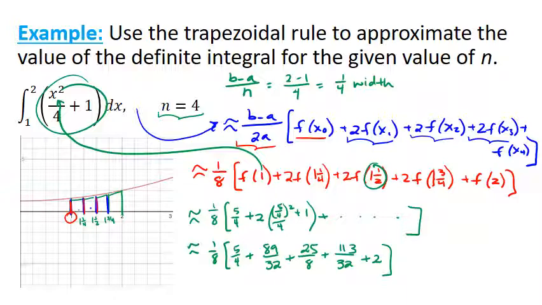Plug this into your calculator, and you end up with the fraction 203 over 128, which is approximately 1.58593, so on and so forth. Okay. So that's using the trapezoidal rule to make this approximation. So the area under this curve from 1 to 2 is approximately 1.5859, so on and so forth.